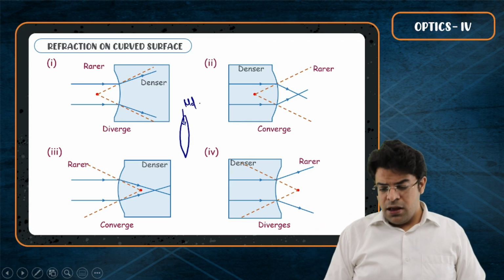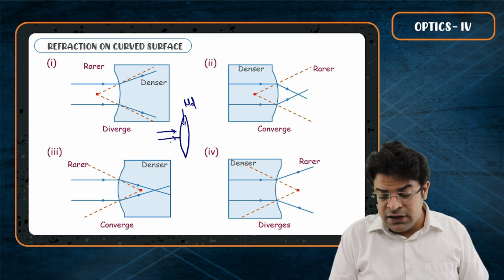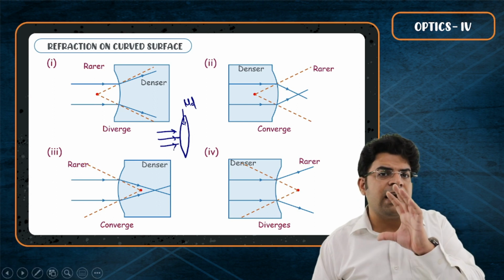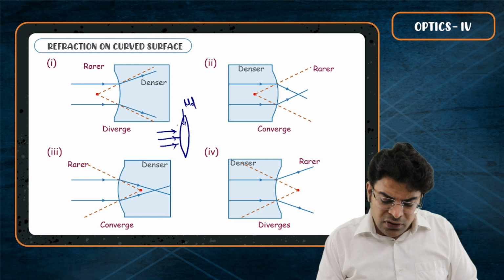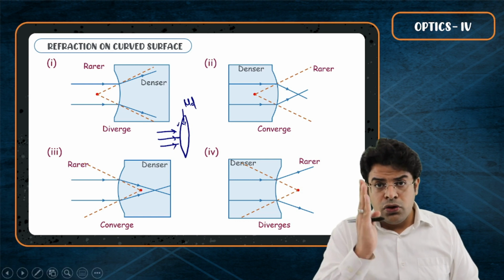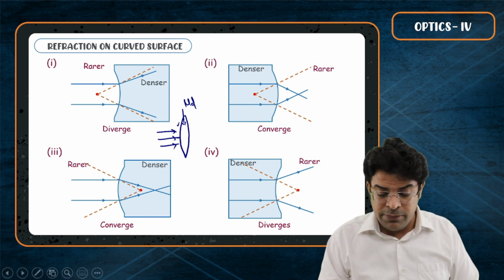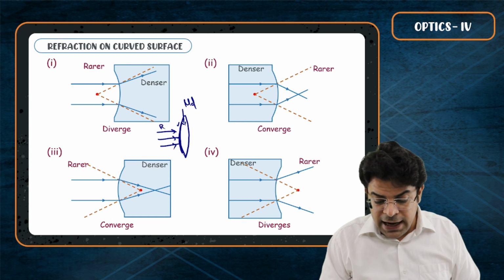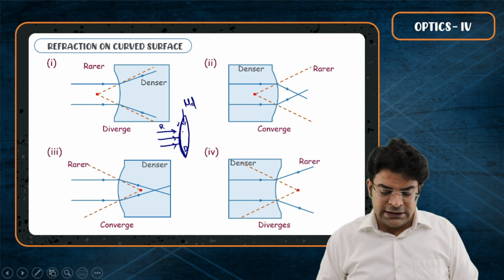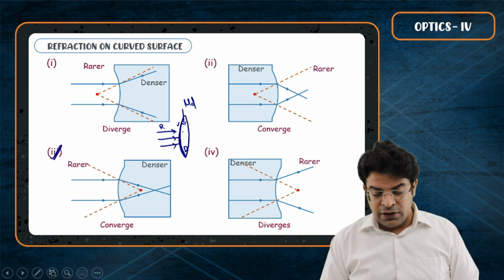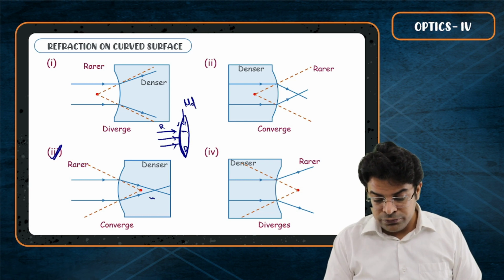So when rays of light hit its left surface, tell me, will they get converged or will they get diverged? So you will say that, sir, if we just look on the left surface, to the left of the left surface, the medium is rarer. To the right of the left surface, the medium is denser. It's the lens. So you will say that this is the same case as the case 3. So the rays will get converged.